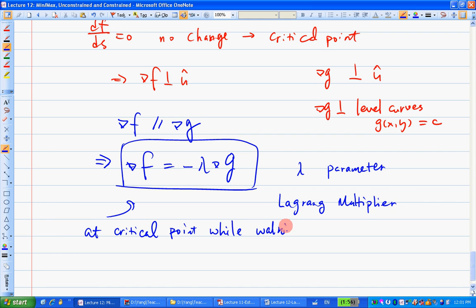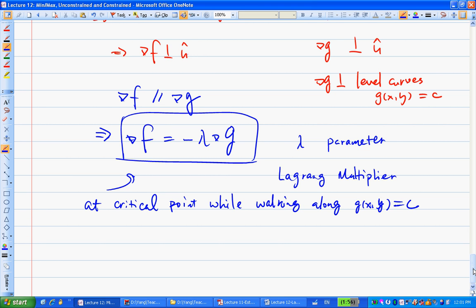Walking along this constraint, xy equal to 6, at this critical point you have this condition.